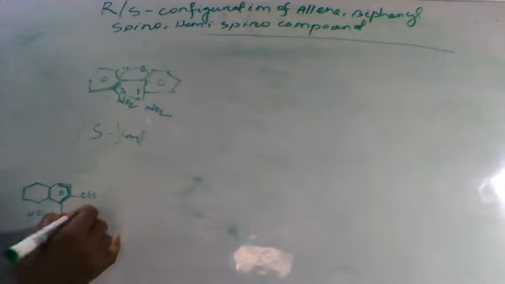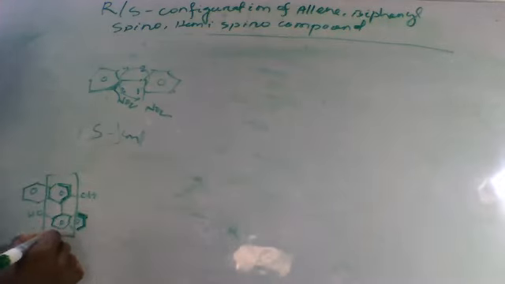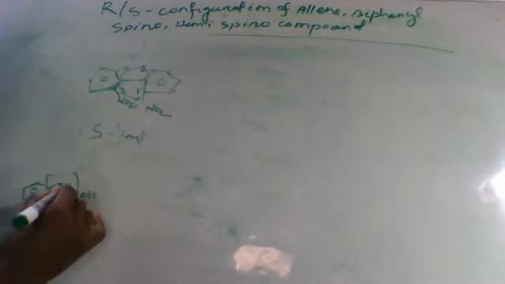And in this biphenyl-type system, here also it is above, and you have to give attention to these two rings. In this ring this is above and these two are in one plane, so this will get first priority, this is second, this is third and this is fourth. The configuration is S, so it is S configuration.